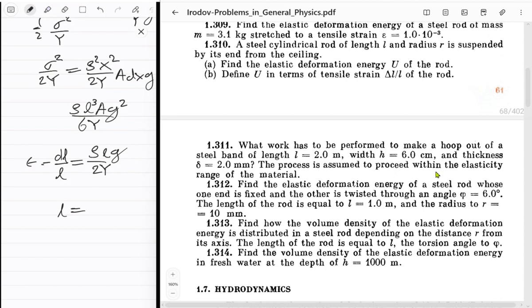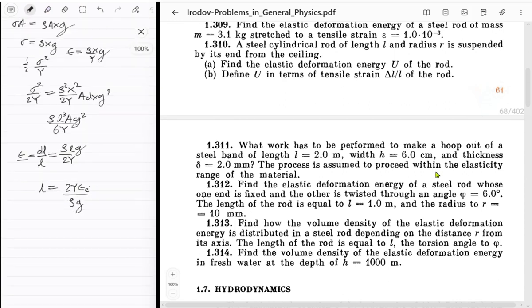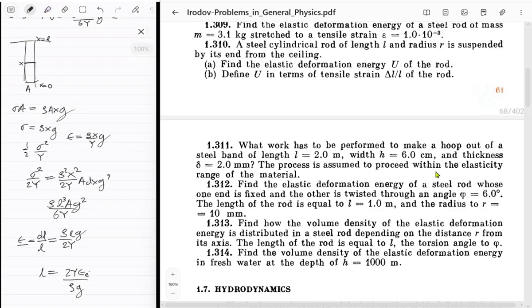So L is equal to 2 Young's modulus E effective upon rho and g. Now just put that in this thing.